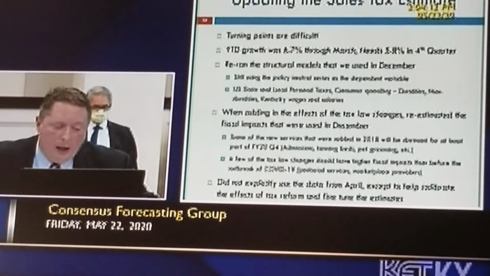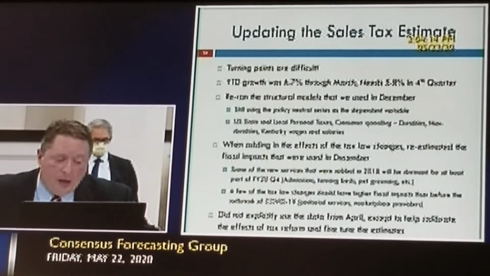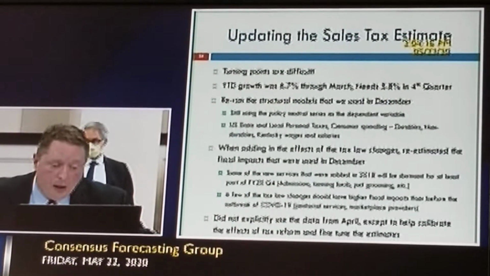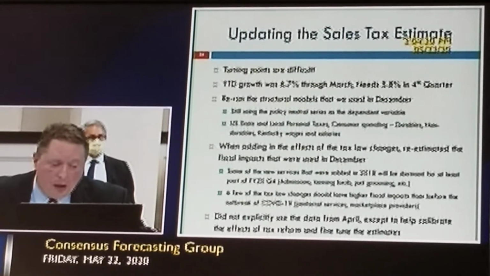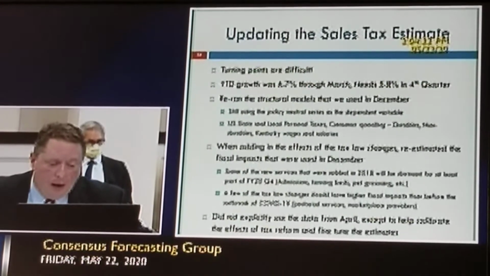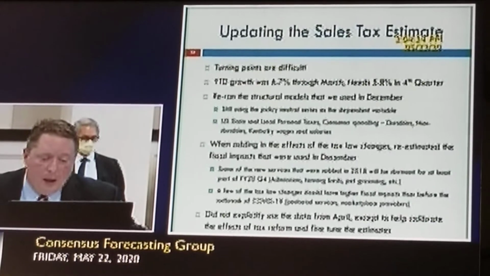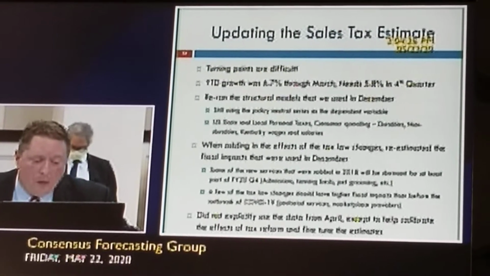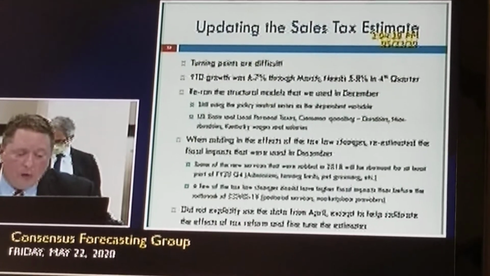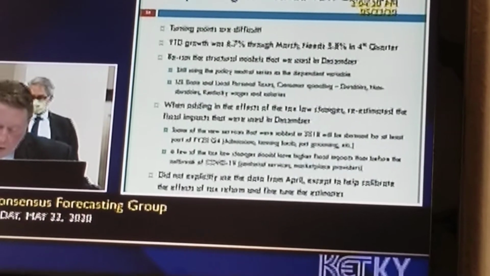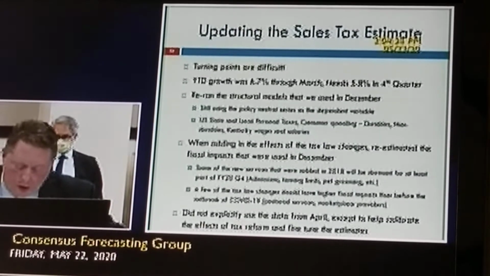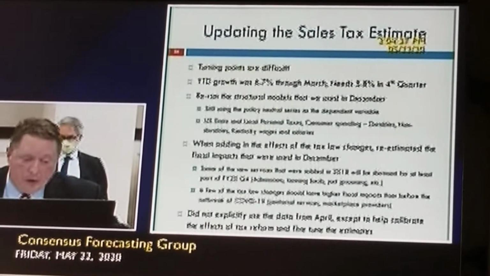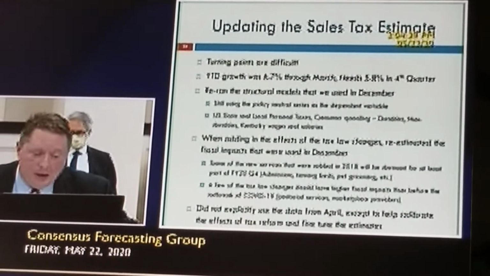I mean, we're halfway through it, and things that were added like admissions, greens fees, tanning beds, pet grooming, etc., have not really been open for business a lot of the fourth quarter. So normally in the fourth quarter, we add back about $80.2 million, which was my add factor when we did it in December.